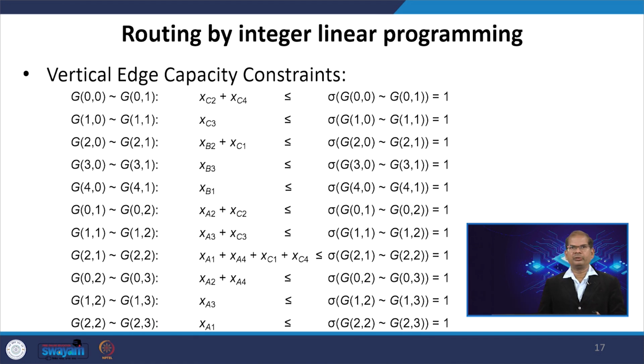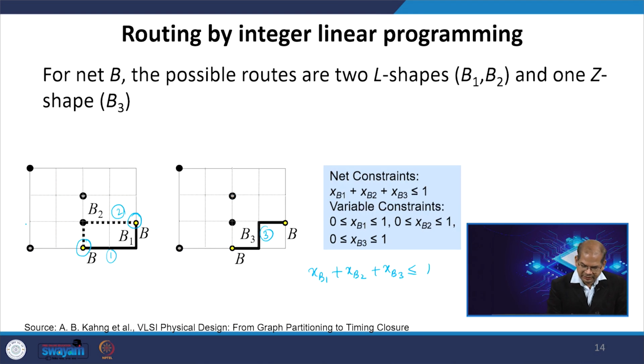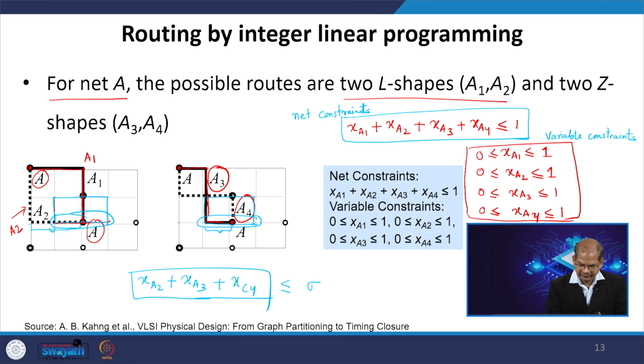If you look into this vertical edge constraint graph, let us say I am concentrating on this G00 to G01. I am concentrating on this area, doing it in a different color.